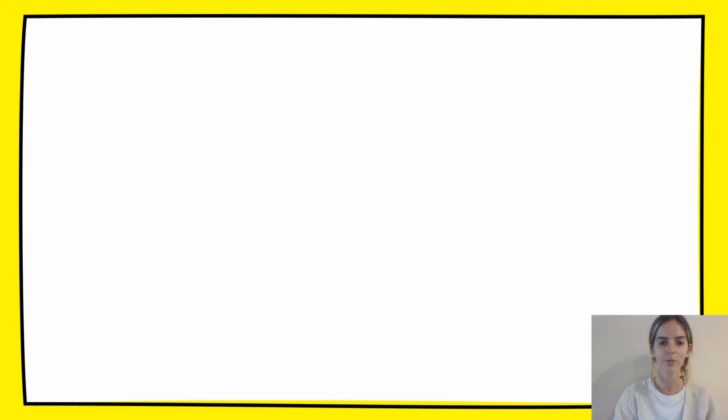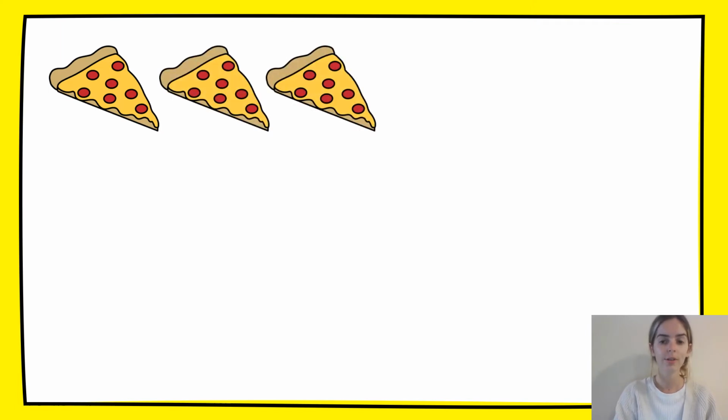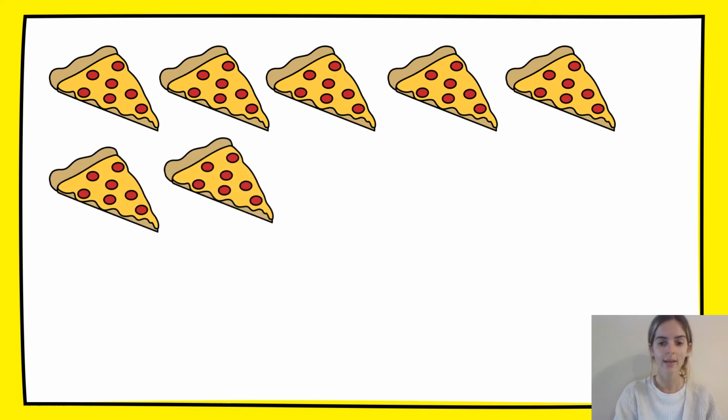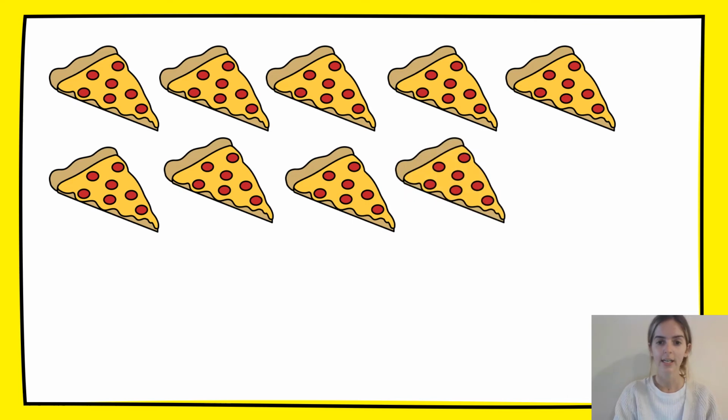Okay, let's have a look, boys and girls. So I have 10 pieces of pizza. Count them with me. 1, 2, 3, 4, 5, 6, 7, 8, 9, and 10.